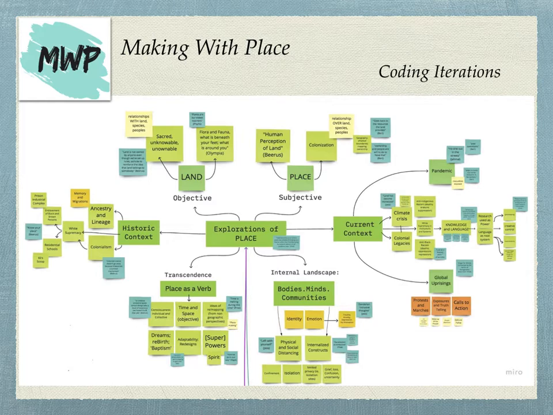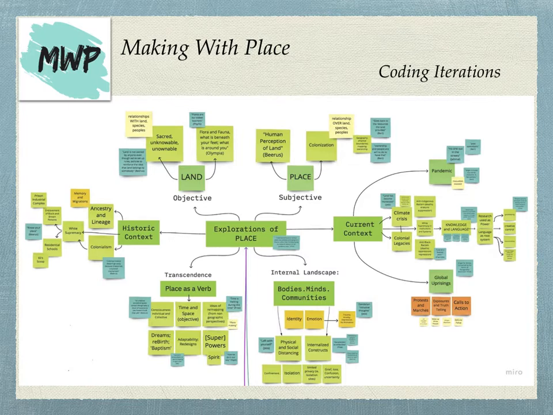So this concept of place not being a static thing, but being something that is in movement, that moves over time and space, and that we can actually use processes of understanding place and our relationship to place to inform kinds of activism and action in the world, and even transcendence beyond boundaries of issues of equity. So these are theories that are coming out of the work that we're involved in, that are coming from our participants in the ways that they're experiencing place and how they're contesting place at the same time.